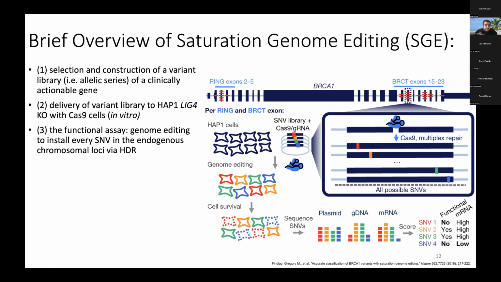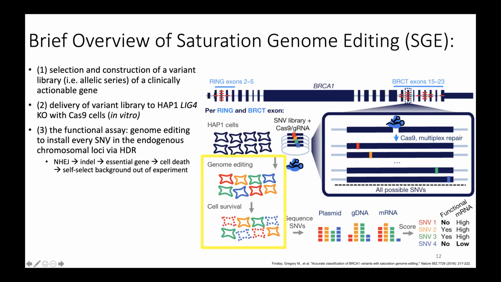We're then going to actually perform the functional assay here, right? So the idea is when you add this guide RNA and library, there's going to be genome editing to install every possible SNV in the library in the endogenous chromosomal loci via homology-directed repair. And the beautiful thing about SGE is that, yes, non-homologous end joining is a much more common mechanism to repair double-stranded breaks.